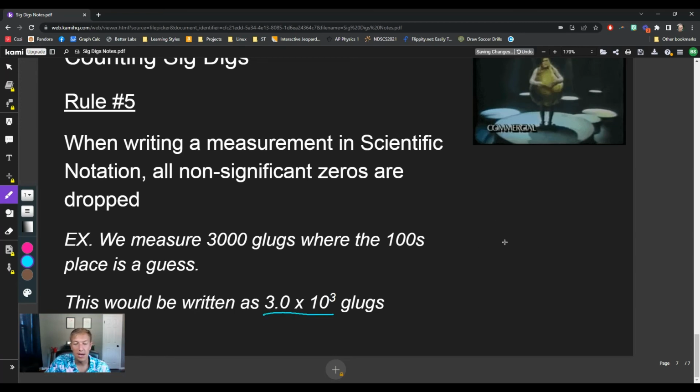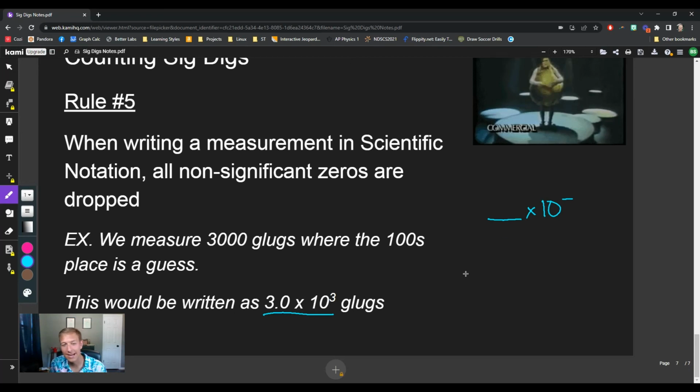Oftentimes you'll see it for numbers that are very, very large or very, very small, so either 10 to the 10th power or 10 to the negative 10th power, something like that. But it always has some number multiplied by 10 raised to an exponent.